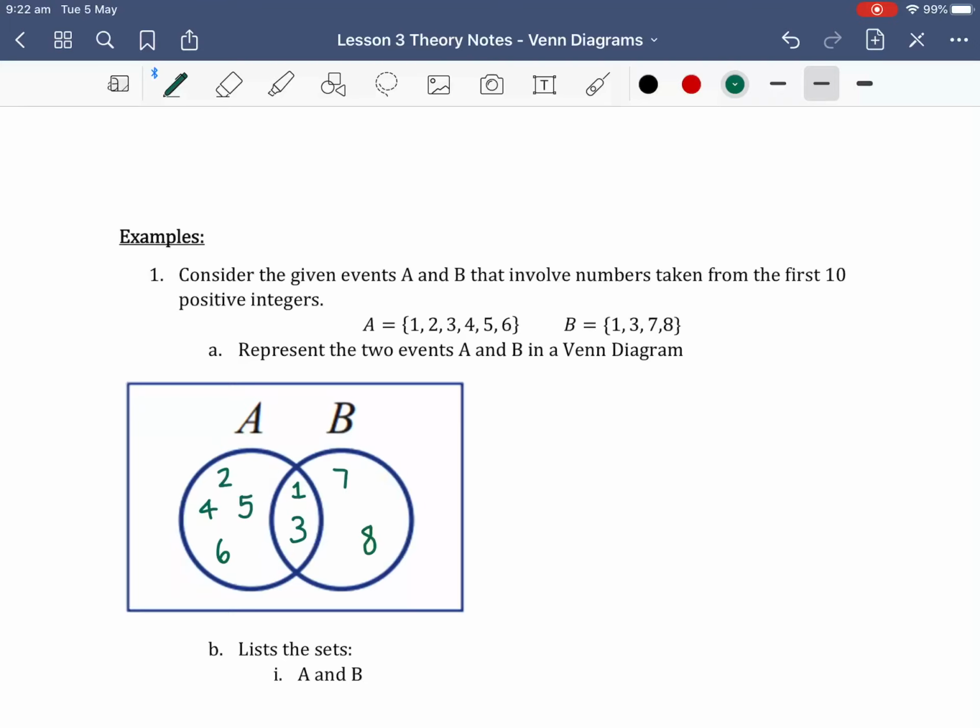That means we have 9 and 10 that don't occur in either of these sets, so we are going to write them off to the side here.